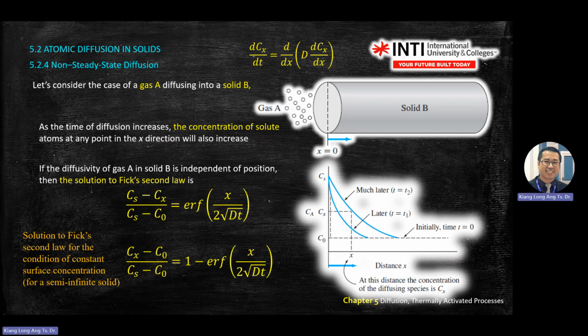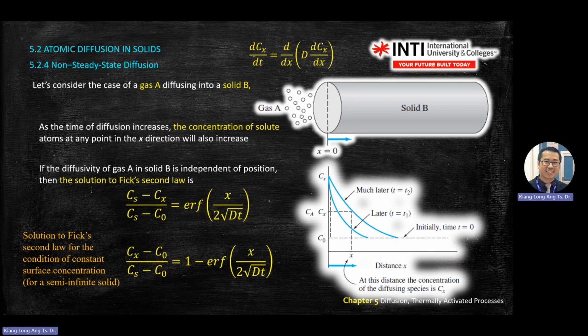Some textbooks give you this equation. Both are the same. It's only that the second one is compared with the initial concentration, while this one goes to the surface. You see the differences.